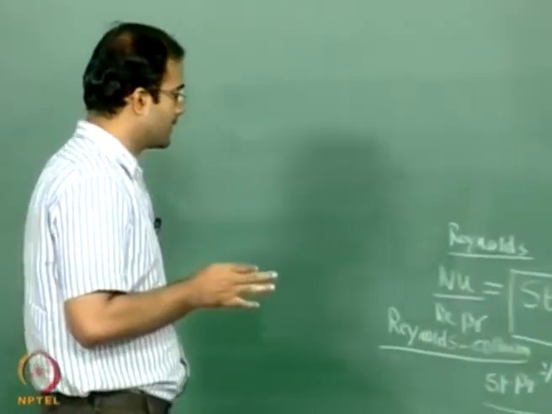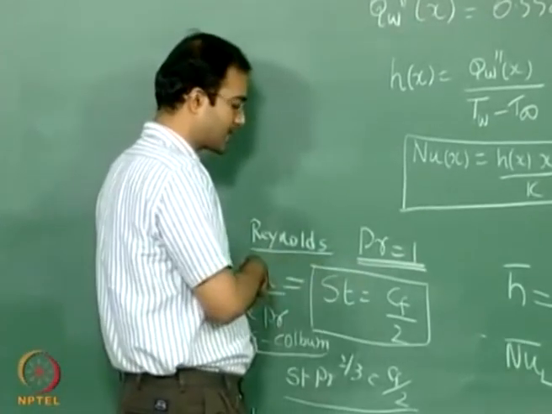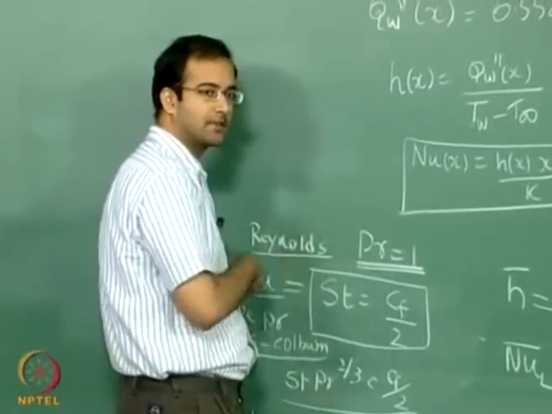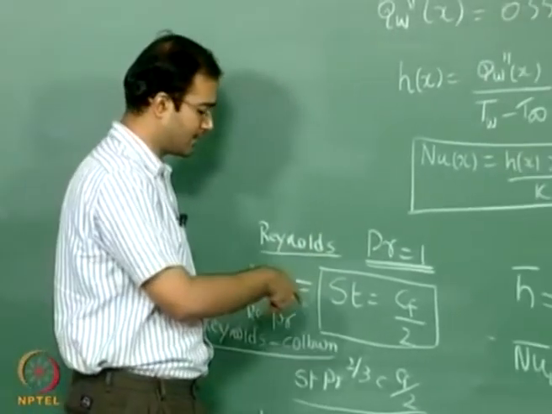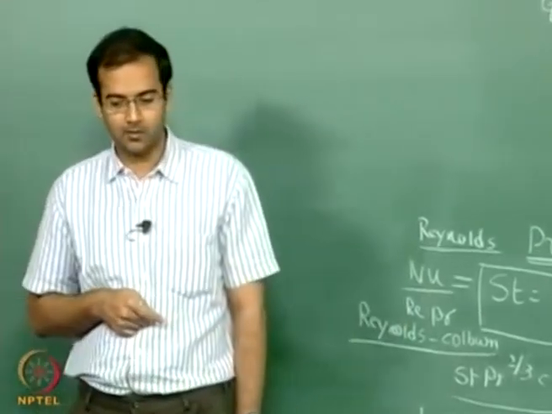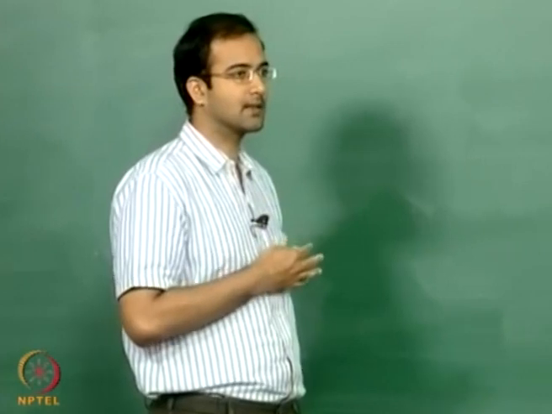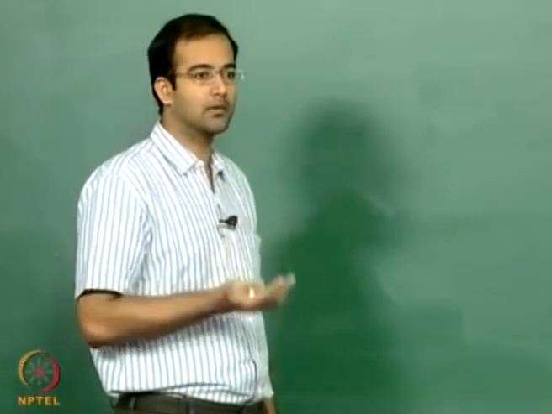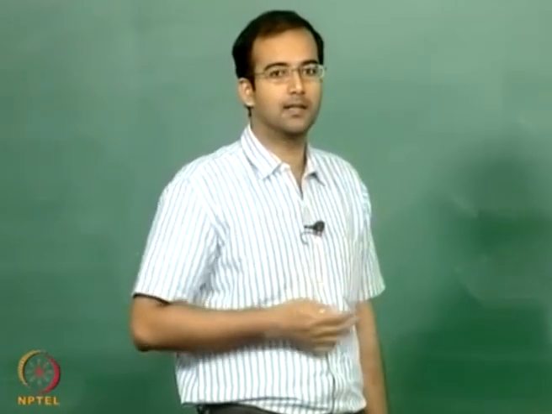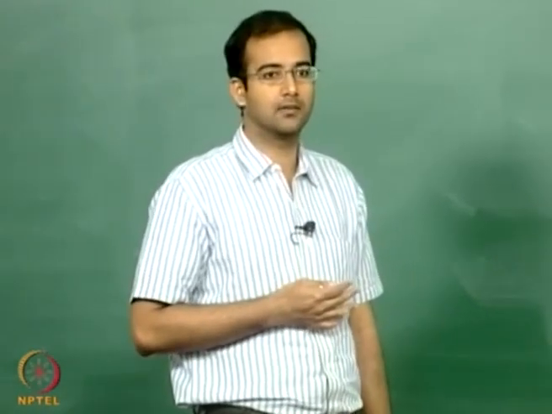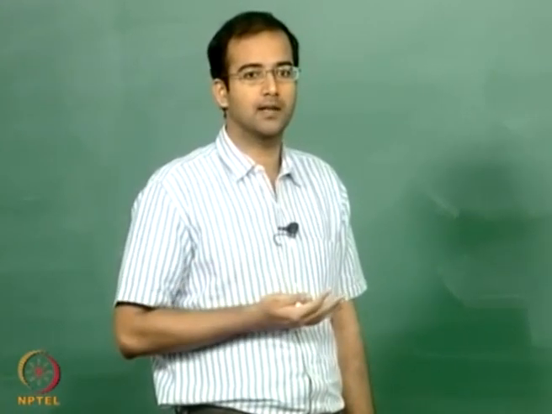In any case, already when Pohlhausen did it, he understood the relationship between the Nusselt number and skin friction directly for Prandtl number 1. For the other Prandtl numbers it was extended based on the Reynolds-Colburn analogy, and therefore these are very useful expressions as far as the flat plate is concerned. You do not have to really be bothered about the heat transfer solution. Once you get the fluid flow solution, you can apply the analogy and calculate the heat transfer solution, especially if we are interested in the heat transfer rate at the wall.